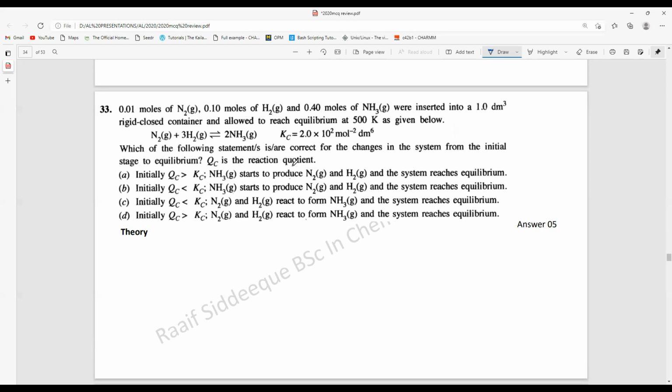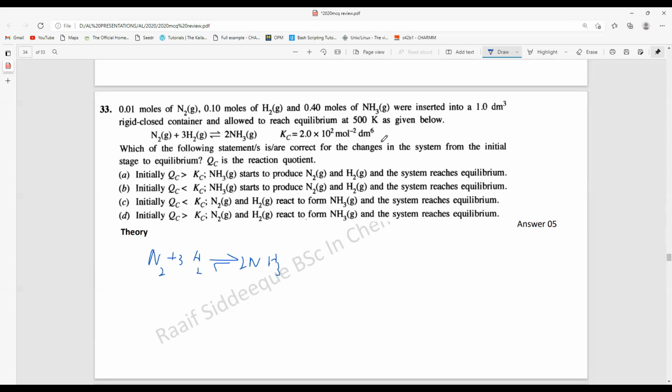QC is the reaction quotient. I have explained this to you before. When a reaction approaches equilibrium, at the beginning there will be higher concentration for some components and lower concentration for others. In our reaction, N2 plus 3H2 gives 2NH3.